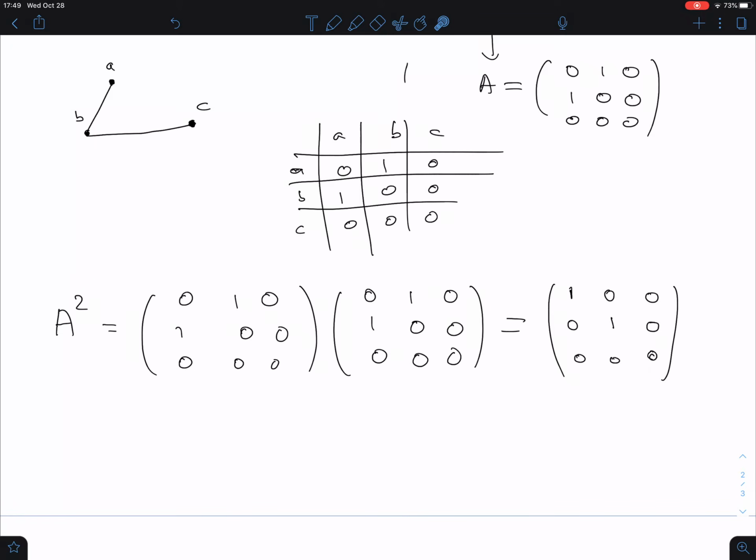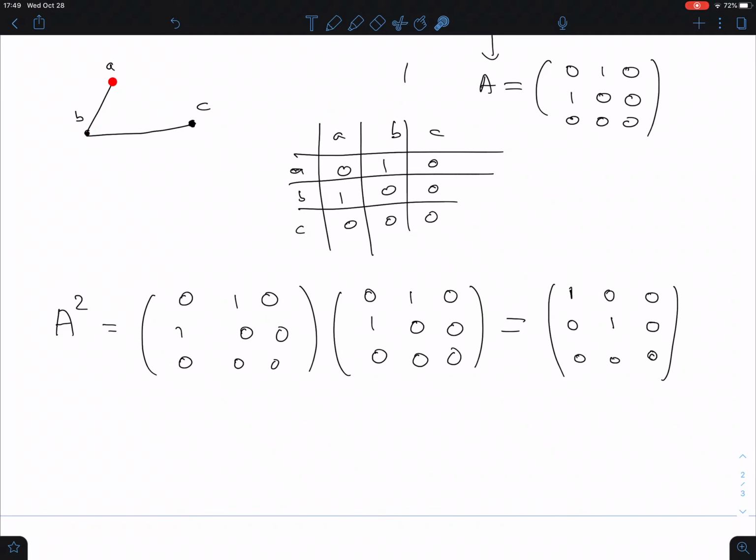But if you think of this as directed graphs, it is clearer that this one means from A to B, and this one here means from B to A. So from A to B and then from B to A. In other words, it's a path, if we follow this one and go back. It's not a simple path because we use the same edges twice, but it is a path.